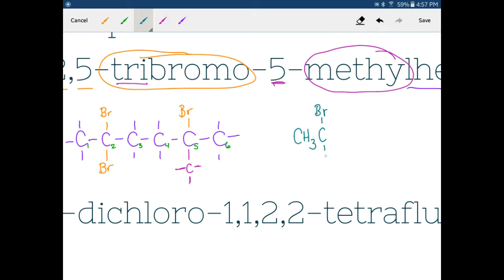I prefer to draw these out. Makes it a little bit better. Okay, then I have my CH2, my CH2, my carbon, my bromine, my CH3, and my CH3. Again, there's my parent chain as my hexane, and then my branches coming off of that.